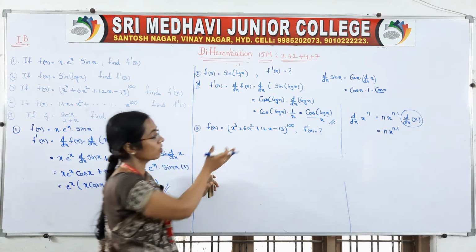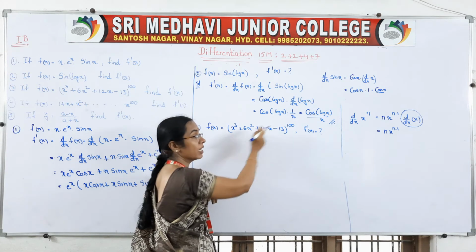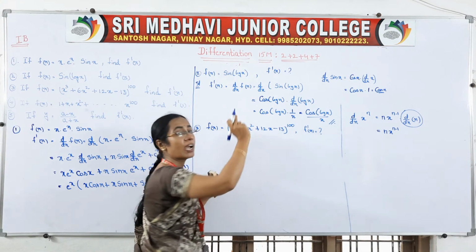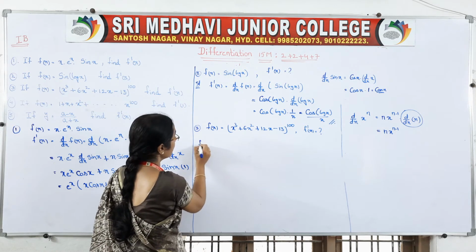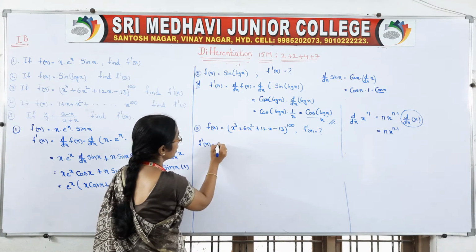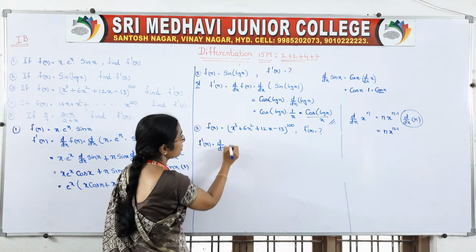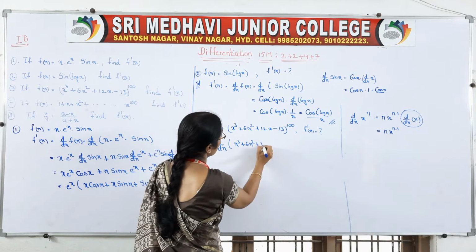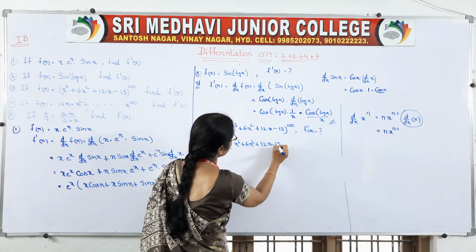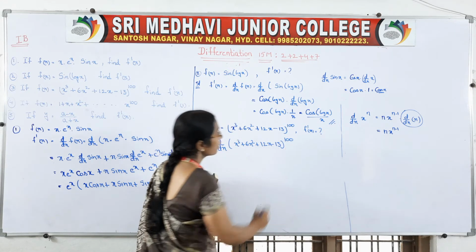Instead of x we are having this variable. Instead of n we are having 100. So come on, how we will find? f dash x is equal to d by dx of (x cube plus 6x square plus 12x minus 13) whole to the power of 100.